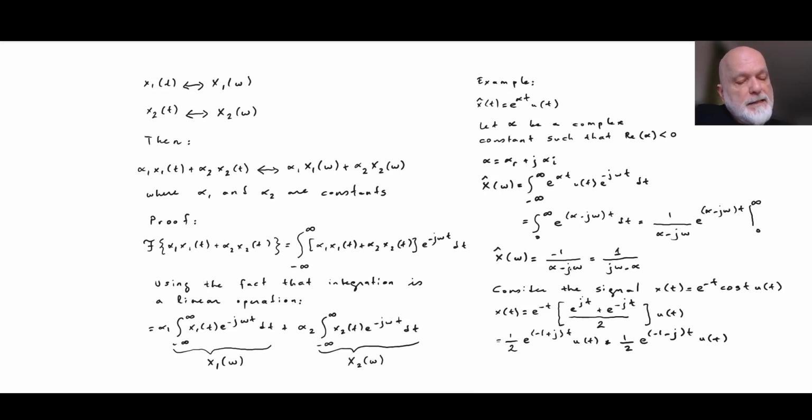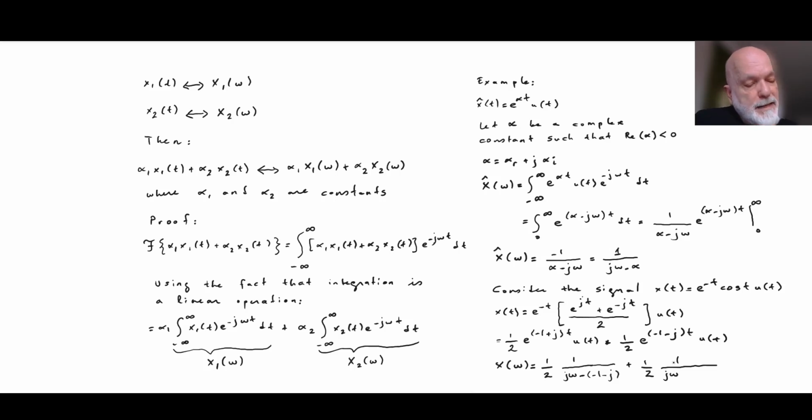So by using linearity, X of omega is equal to 1 over 2, 1 over j omega minus, now alpha here is minus 1 plus j, plus 1 over 2, 1 over j omega minus, for the second term, minus 1 minus j.